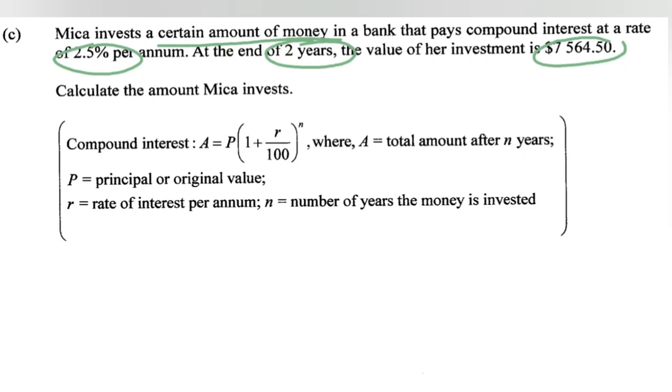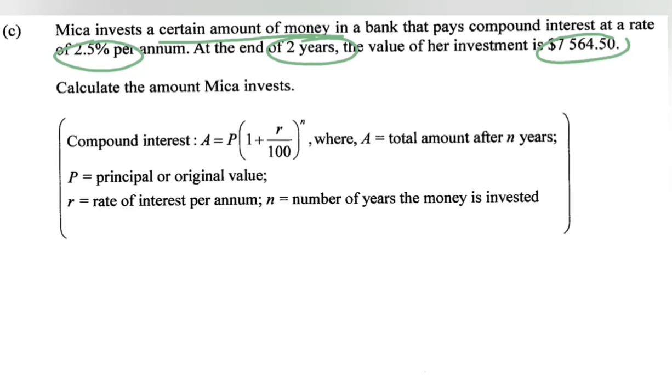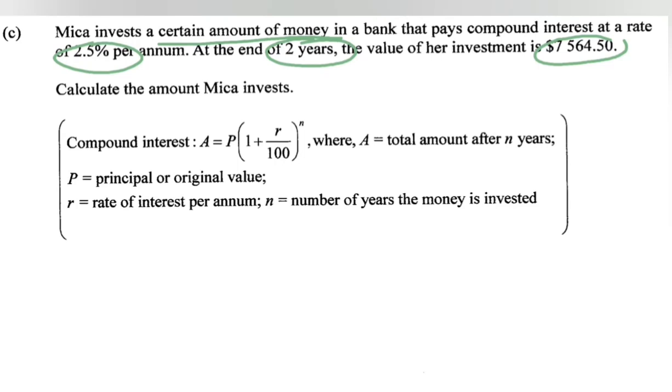All right, so let us work on this one. So we're going to substitute our values. So A is the amount that you get at the end. So this is going to be 7,564.50.